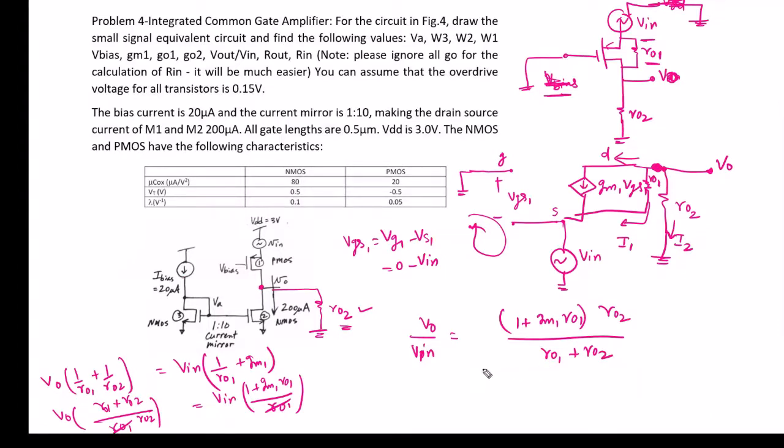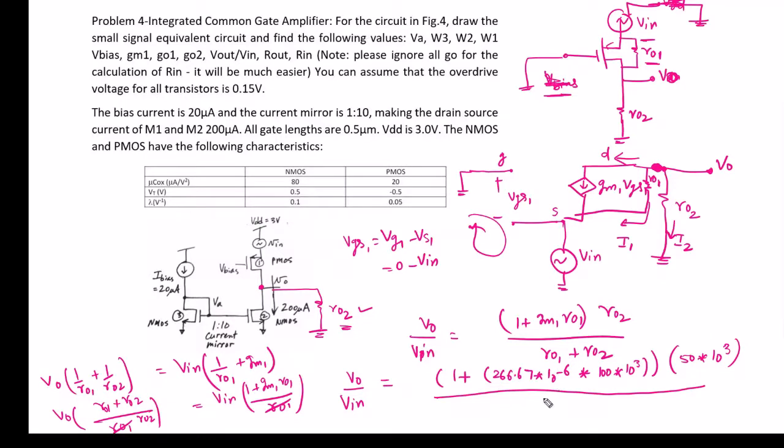Now we have to put in the values of GM1, RO1 and RO2. So Vout by Vin will be equal to 1 plus GM1, which we have already calculated, RO1 is 100 kilo ohm, RO2 is 50 kilo ohm, divided by RO1 plus RO2, which means 100 plus 50 kilo ohm, 150 kilo ohm.